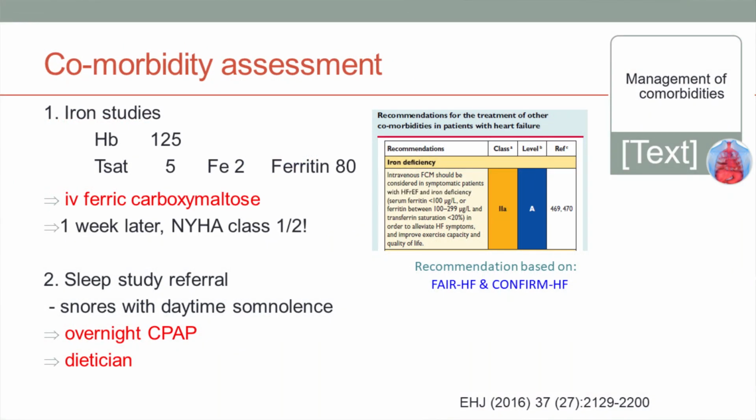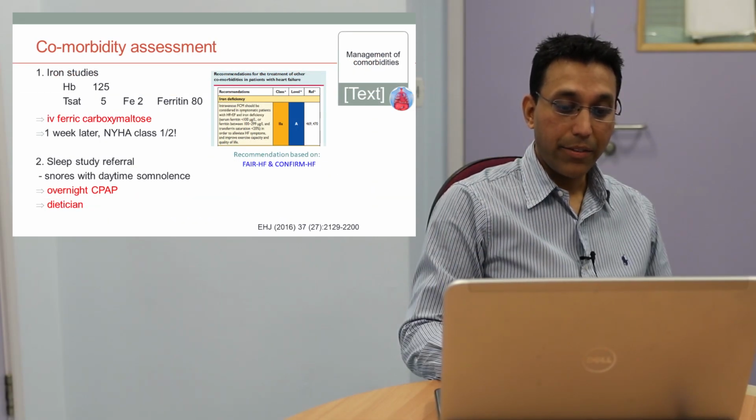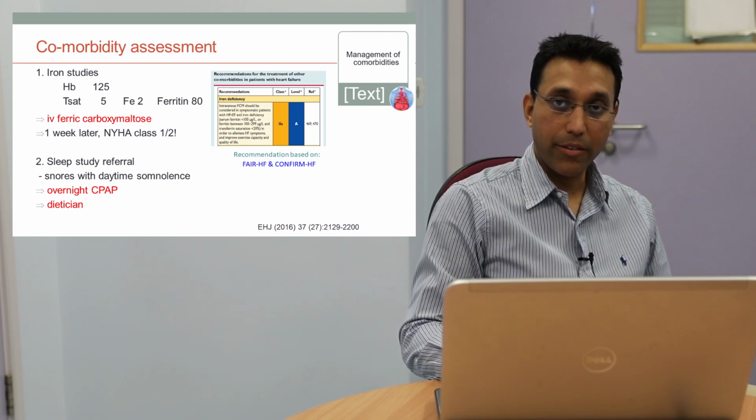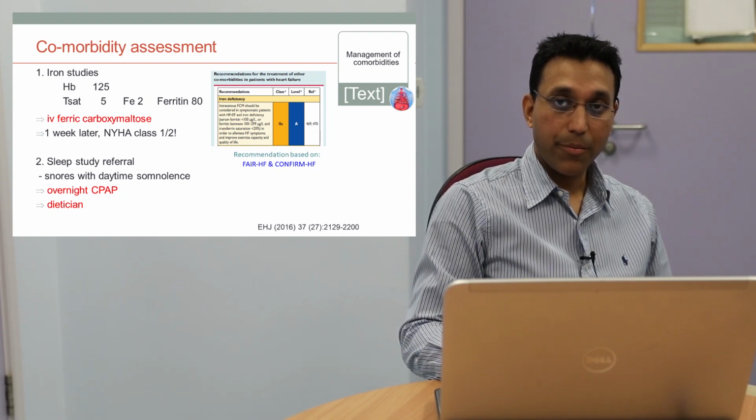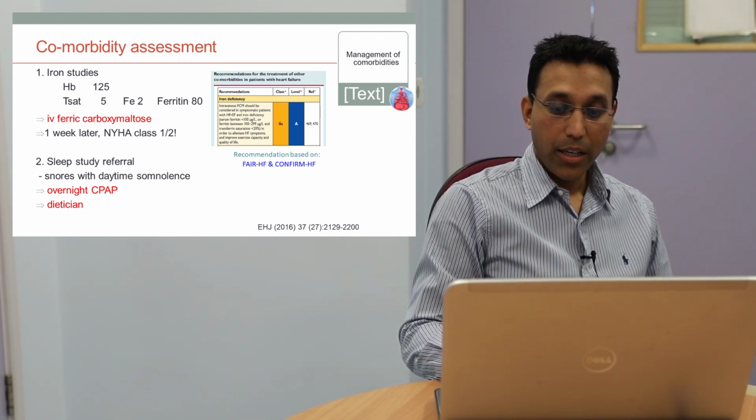Although she was not anemic, she was found to be iron deficient with a low transferrin saturation and a low ferritin level. Based on FAIR-HF and the CONFIRM-HF data and the Class 2A level of evidence A from the ESC guidelines, she was given intravenous iron, ferric carboxymaltose.